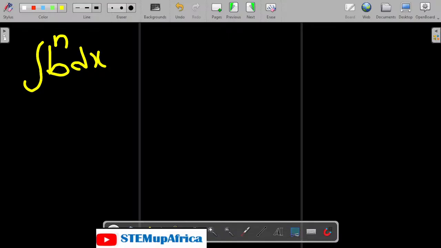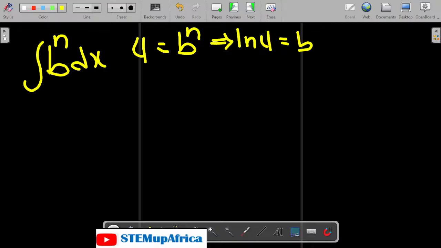So let's say our u, for instance, is b raised to the power n. Okay? So to integrate this, I will take the ln on both sides. I will have ln u is equal to ln b raised to the power n. So ln u will give us n ln b.